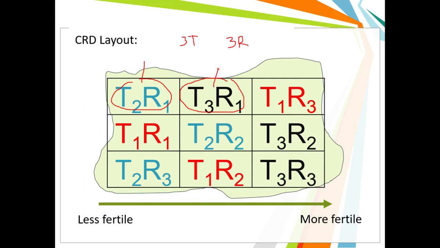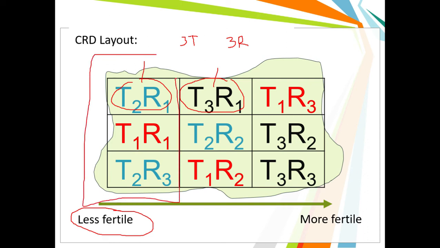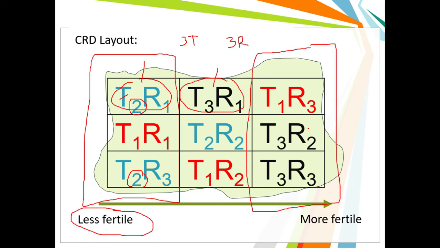So, ano ang possible na problema with this layout? Ang problema nito, if we compare or observe natin yung less fertile na lupa, dalawa yung T2 na nailagay sa less fertile na lupa. Dito naman, sa kabilang side, sa more fertile na lupa, dalawang T3.